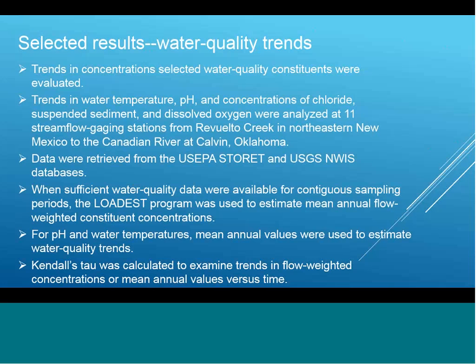So we sampled both on some tributaries and the main stem of the Canadian River. The source of the water quality data were US EPA STORET and USGS NWIS. The streamflow data came from USGS NWIS, and there were some streamflow data in STORET.